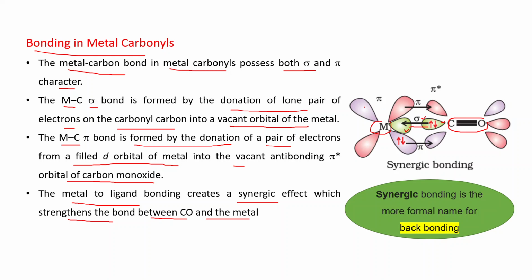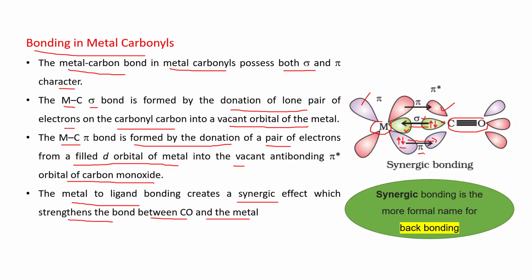At the same time, this represents the filled d orbital of the metal atom, and it has a pair of electrons, and this represents the empty or vacant anti-bonding pi orbital of carbon monoxide. This pair of electrons present with the metal atom is donated to the empty anti-bonding pi orbital of carbon monoxide, forming a pi bond.